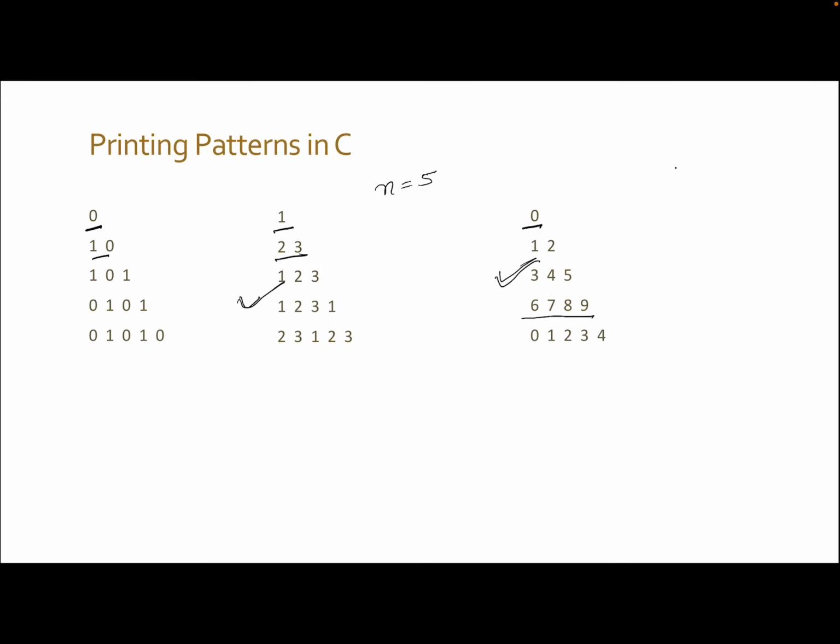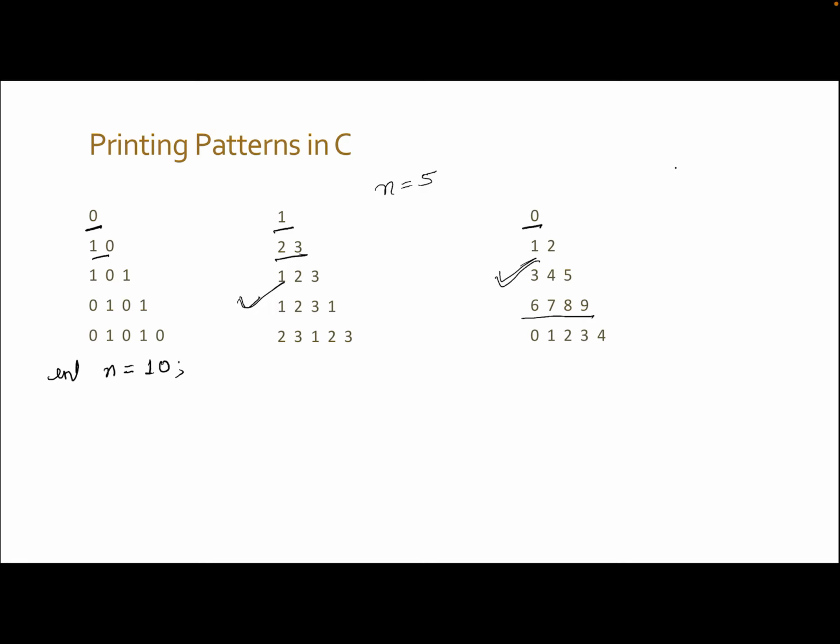We have the number of rows. I take the number of rows as n. So n here is 10. Then I have how many digits I am using. From 0 to 9, I have 10 digits. So I am using 10 digits to print the pattern.